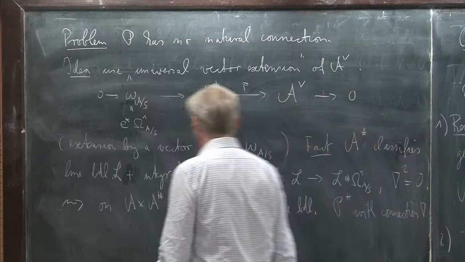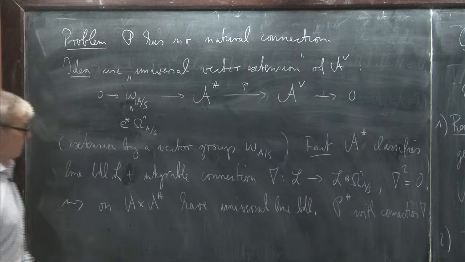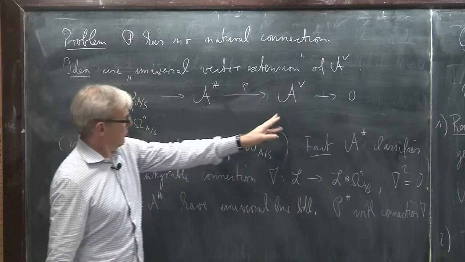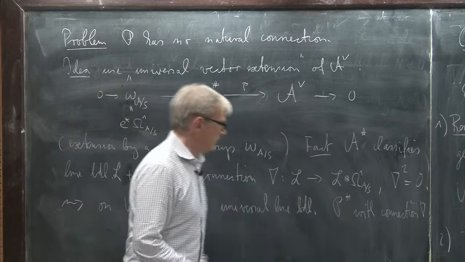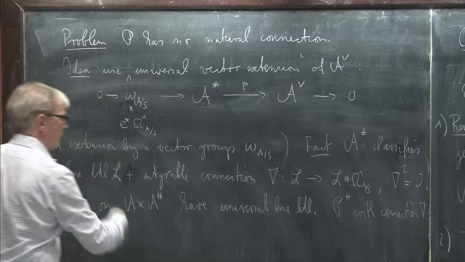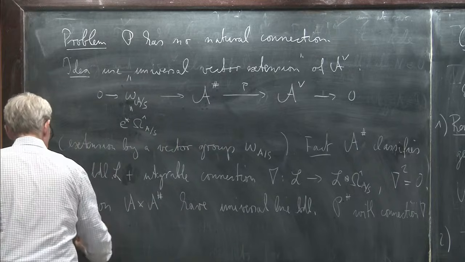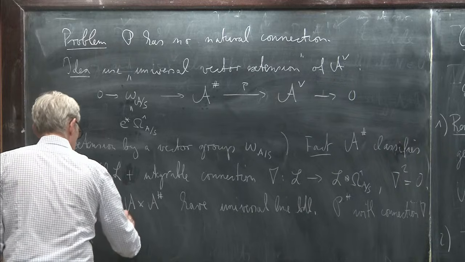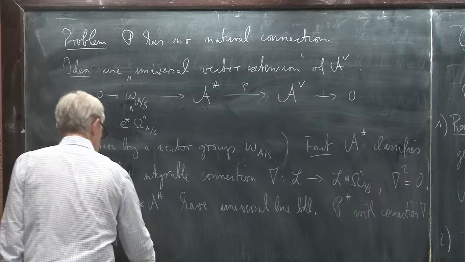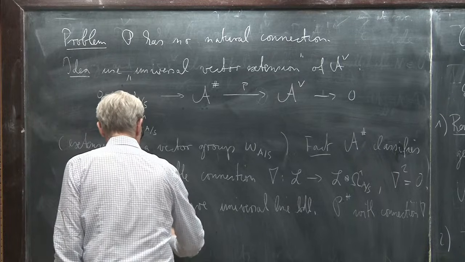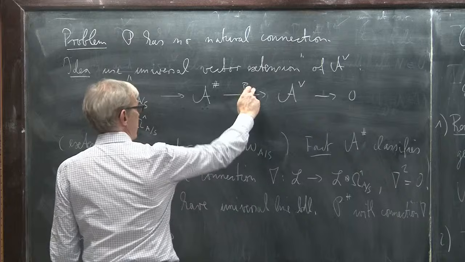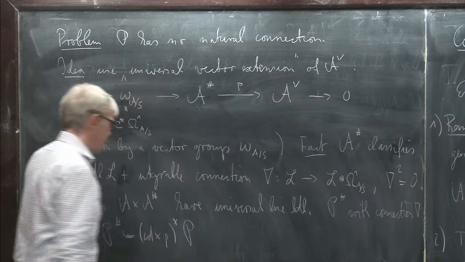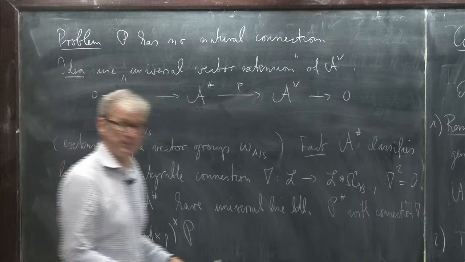And because the line bundle P was already universal as a line bundle, this P sharp has to be just the pullback of the line bundle P. So P sharp as a line bundle is just the pullback of the identity times this map P here from the Poincaré bundle downstairs.